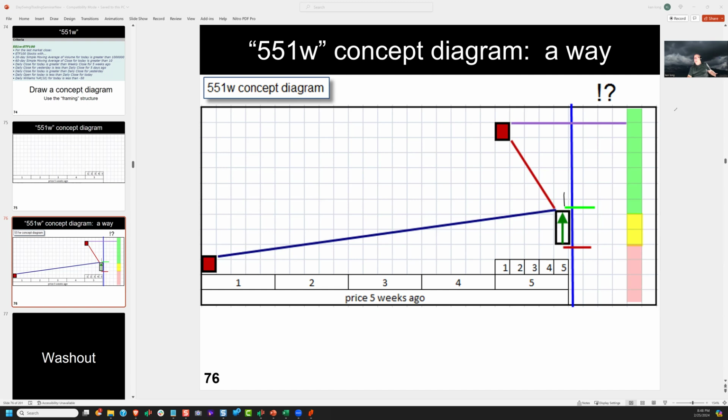So you never got that. If I had this, and those are all my closes, because of that one anomaly, I don't get a 5DD.